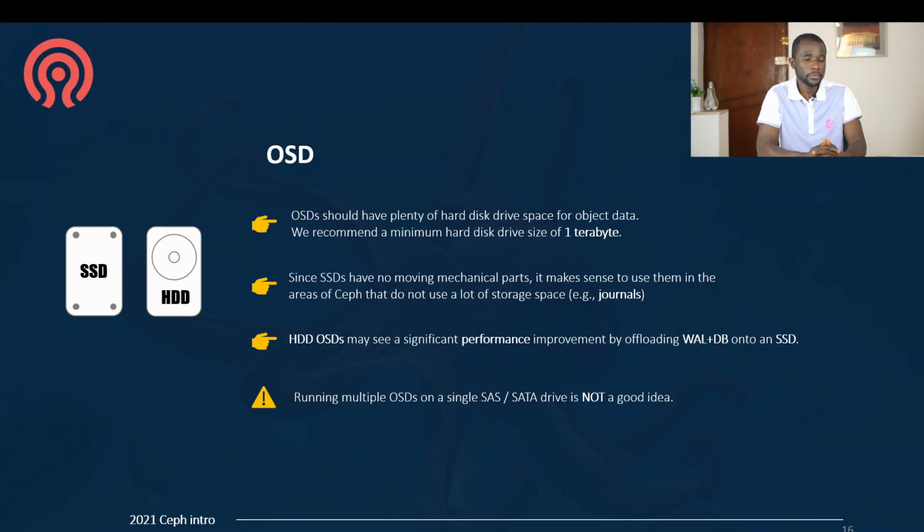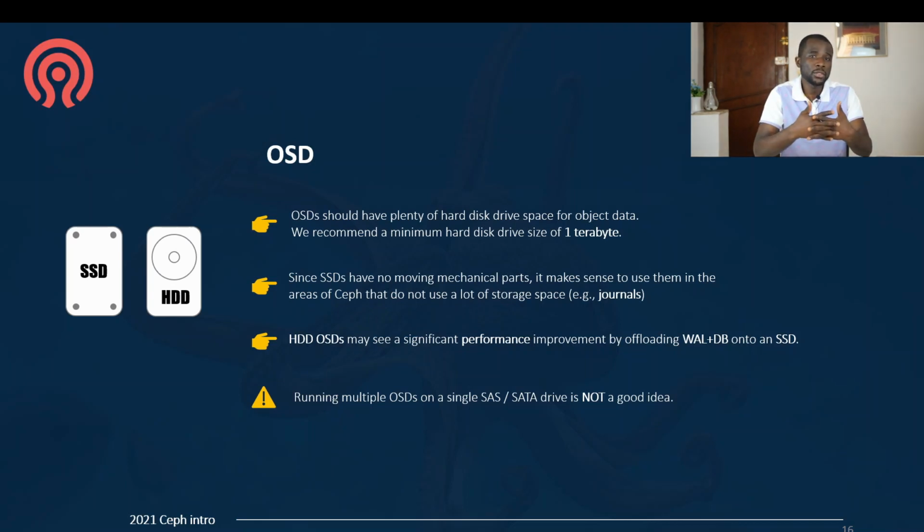Concerning the SSD, if you want to have some SSD inside your cluster, and it is recommended because SSD is faster, you should use it as your journal inside your cluster.